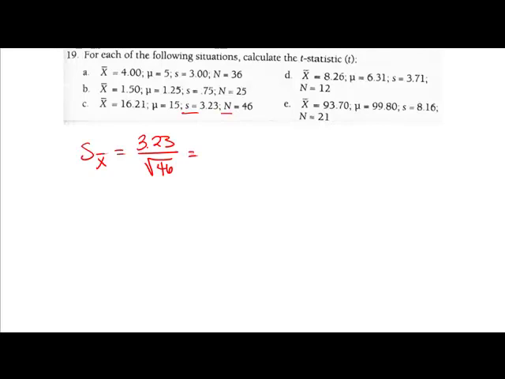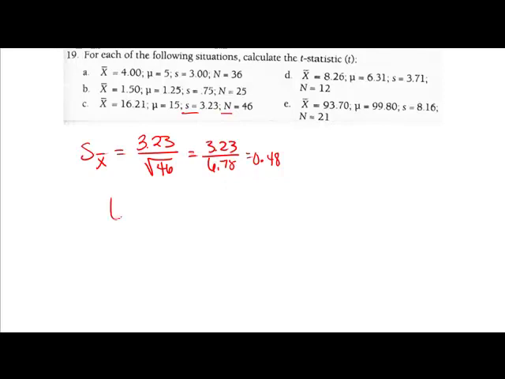My calculator decided to turn off. Sorry about that. Square root of 46 is 6.78. 3.23 divided by 6.78 is 0.476, so let's call that 0.48.